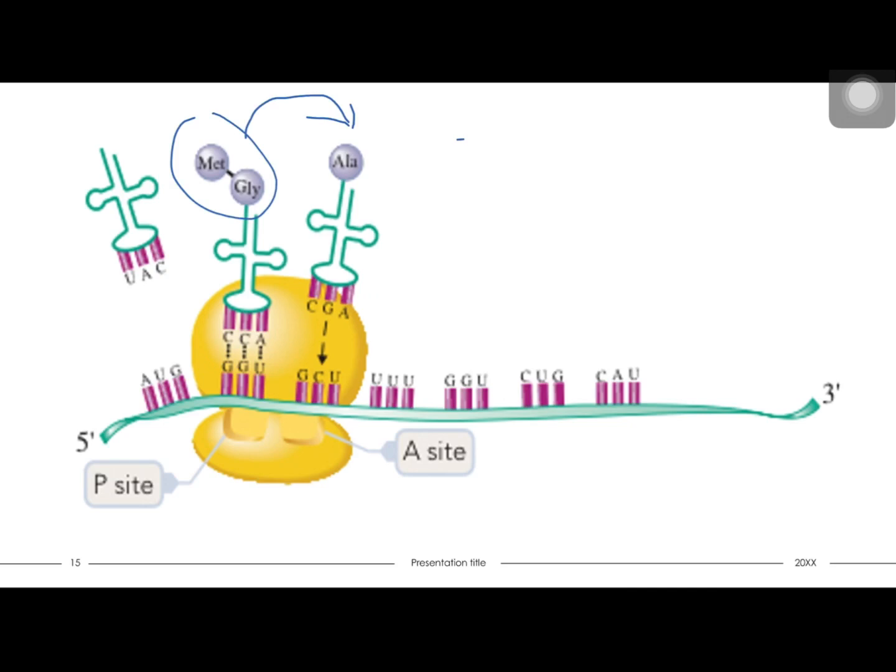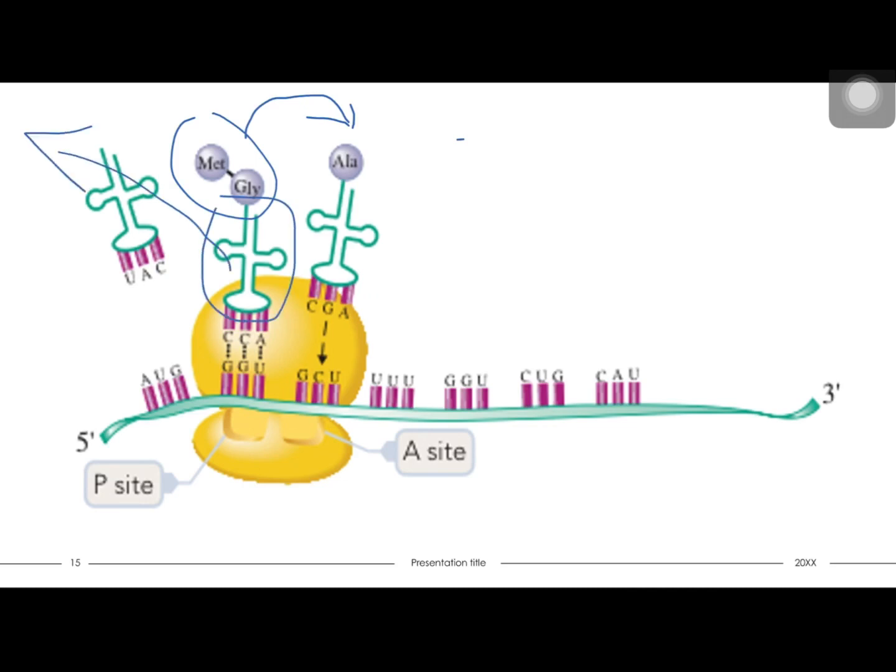Okay, let me write it down. So the amino acids in the P site will transfer to the A site and will be linked to the amino acid in the A site, which is our alanine. Methionine and glycine will be linked to the alanine by the enzyme peptidyl transferase.